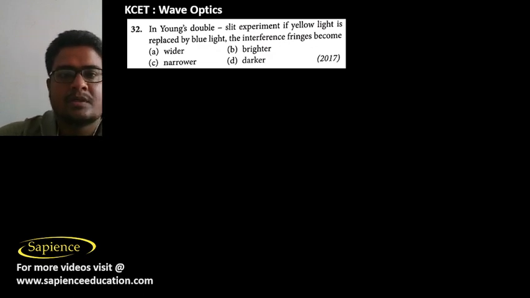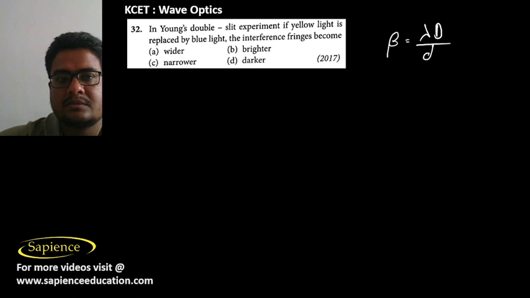So in Young double slit experiment, if yellow light is replaced by blue light, the interference fringes become wider, brighter. Okay, we have to find that. So the fringe width beta will be equal to lambda D by d. So here fringe width is proportional to the wavelength.